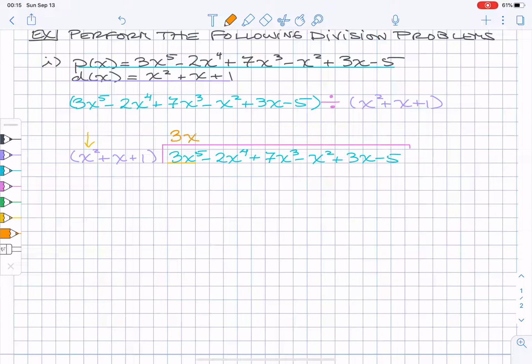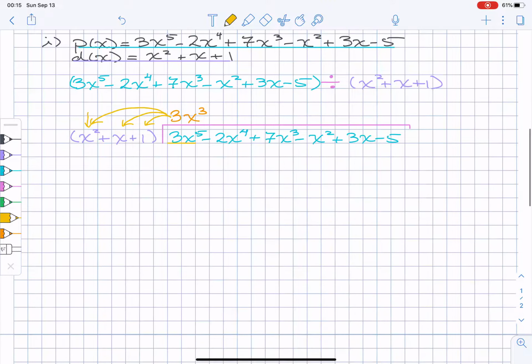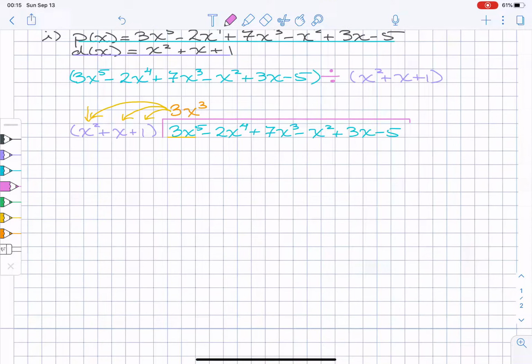So I believe that 3x cubed is what I need to multiply x squared by in order to get 3x to the fifth. So once we have that, we're going to distribute 3x cubed to every single term of the divisor, and we're going to put that answer underneath. So 3x cubed times x squared is indeed 3x to the fifth.